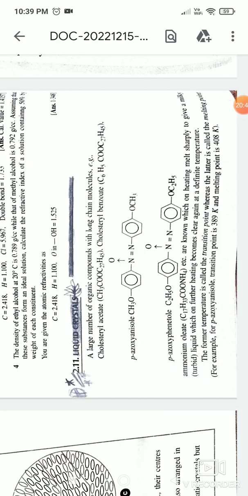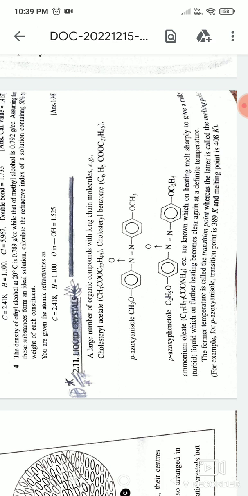Now the next topic is liquid crystals. A large number of organic compounds with long chain molecules, for example cholesterol acetate, CH3COO-C27H45, cholesterol benzoate, whose formula is C6H5COO-C27H45, ammonium oleate, C17H33COONH4, etc., are known, which on heating melt sharply to give a milky turbid liquid, which on further heating becomes clear again at a definite temperature.